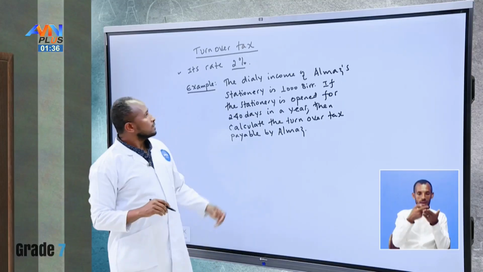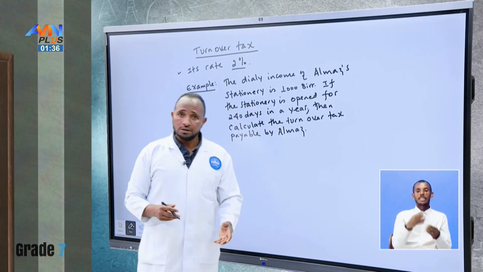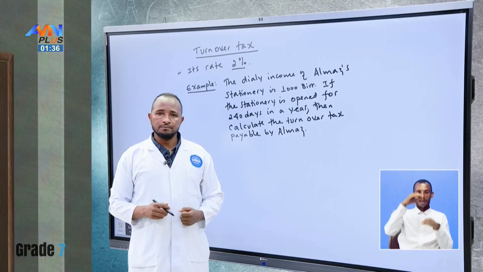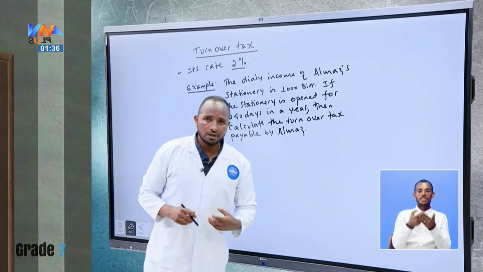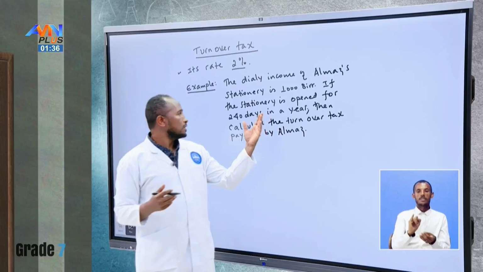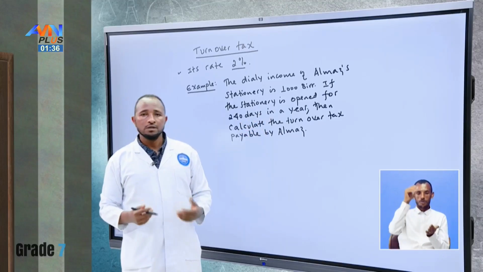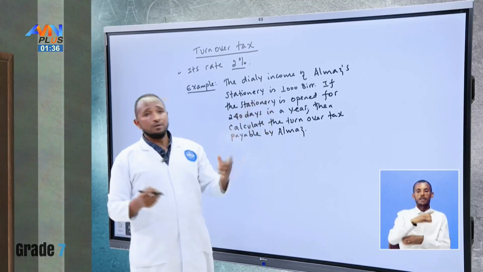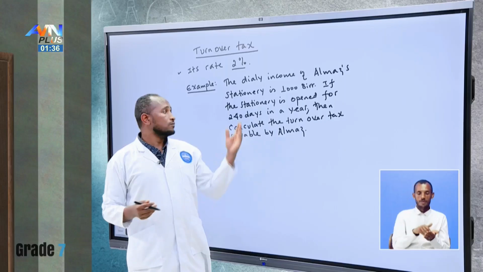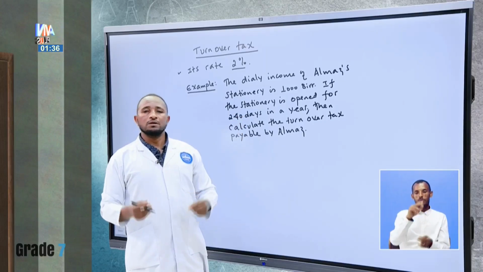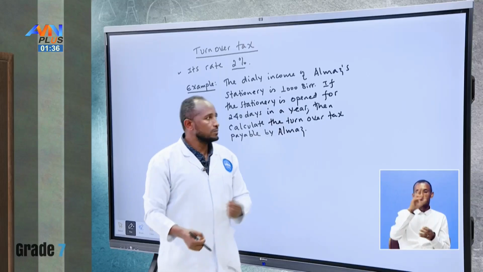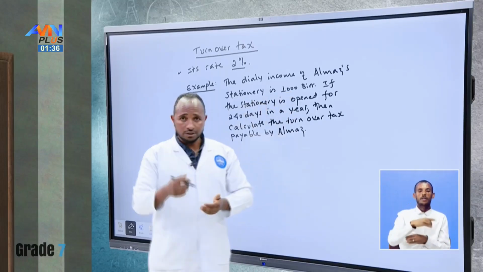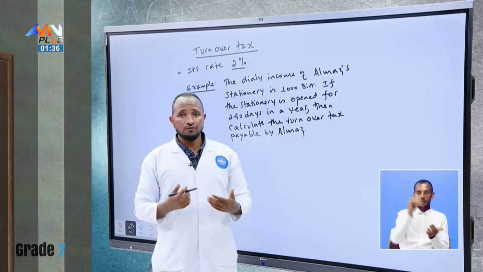Here, the stationery's daily income is 1,000. And this stationery is open for 240 days. So for 240 days, the income will be 1,000 times 240.